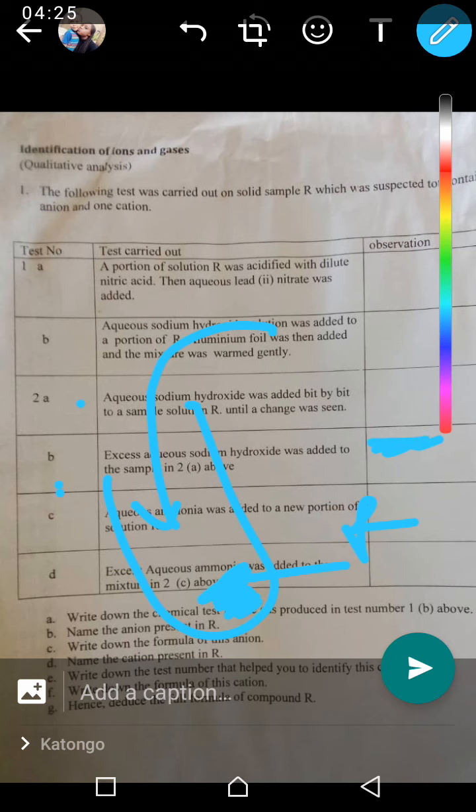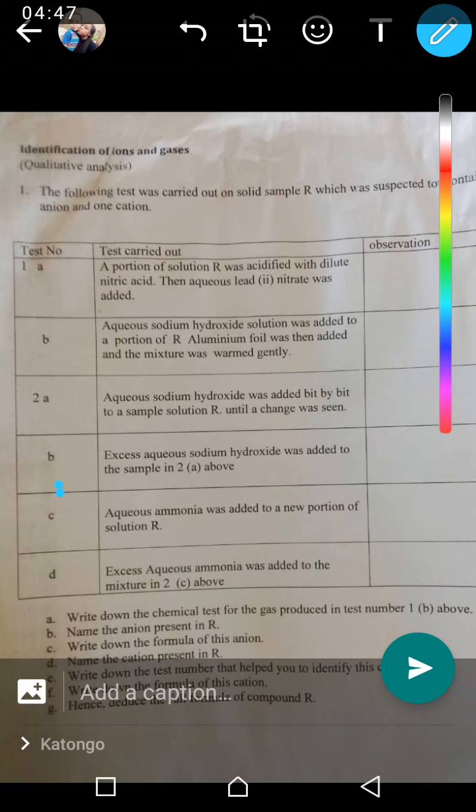If it becomes yellow, you say yellow precipitate. If it becomes green, you say green precipitate. Whatever you add in the test tube, when you see the color, like you're in the lab, you write there the color changes. It goes just like that.